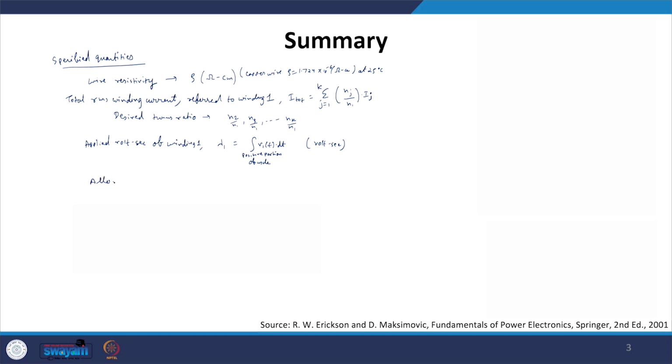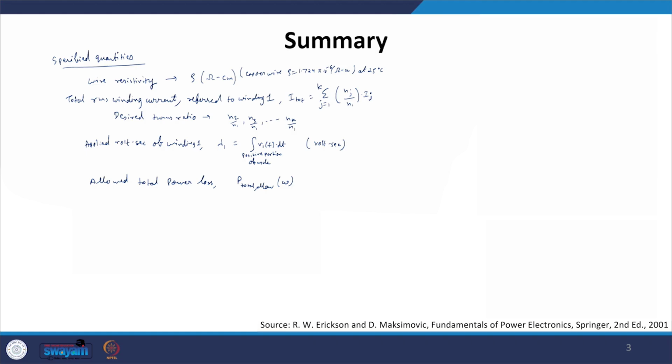Now, after this there is another specified quantity which you can define, which is the allowed total power loss, P total allowed, in watts. You can obtain this by doing the loss budgeting of your entire power converter, and then you can define the maximum power loss in the transformer you can afford.